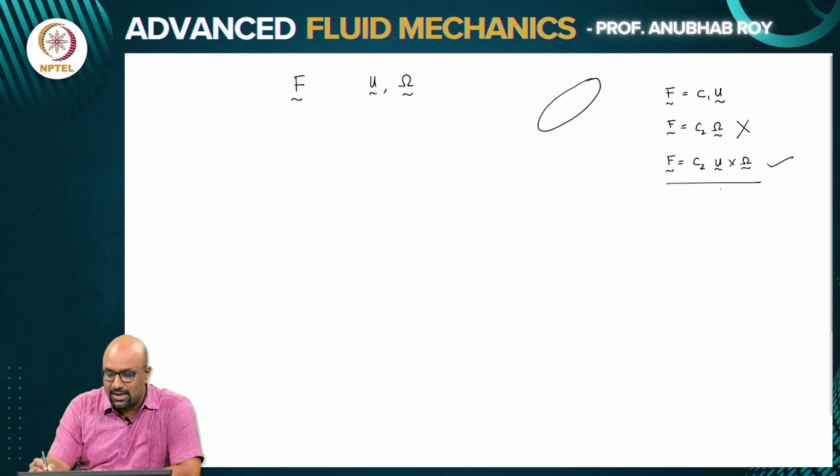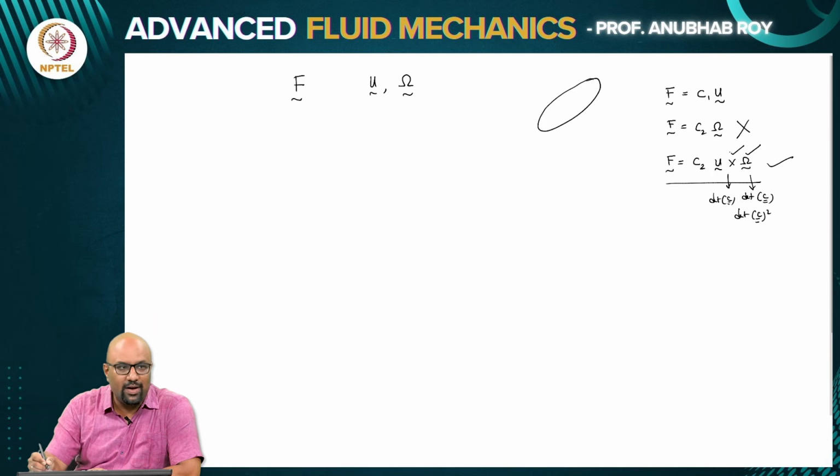Why is it consistent? Because I have a pseudoness that comes from the angular velocity, omega, which is the spin or the angular velocity, and I also have a pseudoness that comes from the cross product. So there is a determinant of C, which is related to the rotation matrix or the transformation matrix, and the cross product also has a determinant of C that comes in. So this entire exercise gives me a determinant of C square which is plus 1.